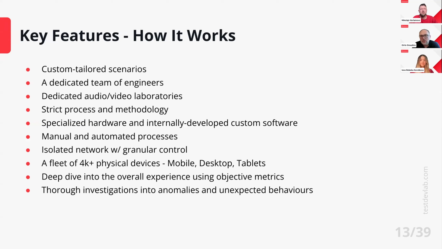The importance there is that it ensures that the process is repeatable and the results are comparable over time. So when you do your benchmarking this quarter versus next quarter, next year, you're running the same process, you're getting the same measurements, and you can compare the results. Very importantly, there's specialized hardware and internally developed specialized software to perform these tests.